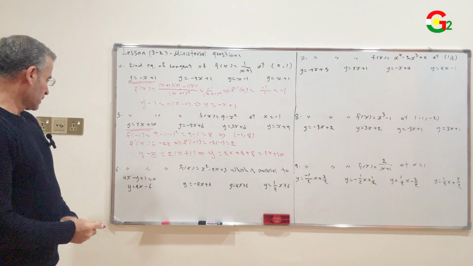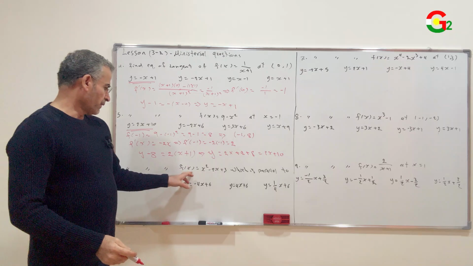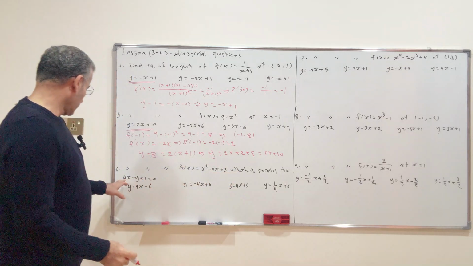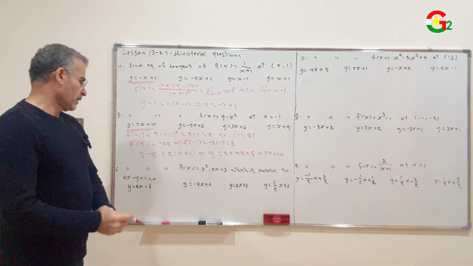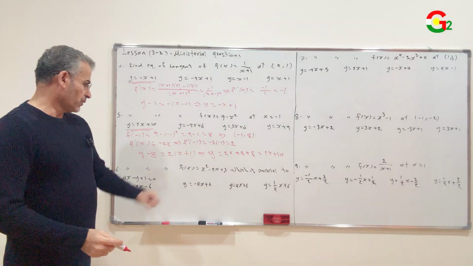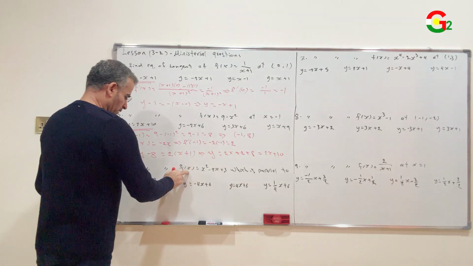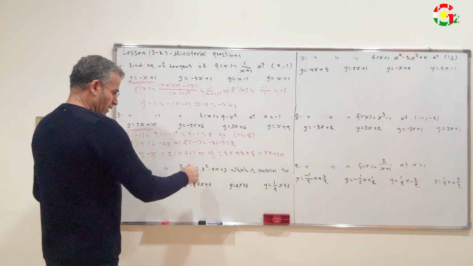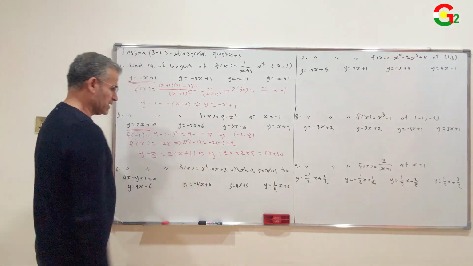Question number 6. Find the equation of the tangent line of f(x) equals x^2 minus 2x plus 3, which is parallel to the line 4x minus y plus 1. First, we need to find the point of tangency by setting the derivative of this function equal to the derivative of the line, because the slope of the needed line equals the derivative of this function.